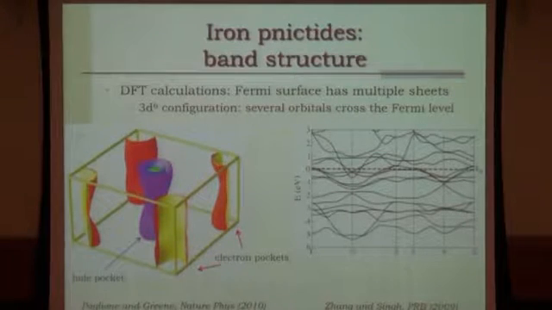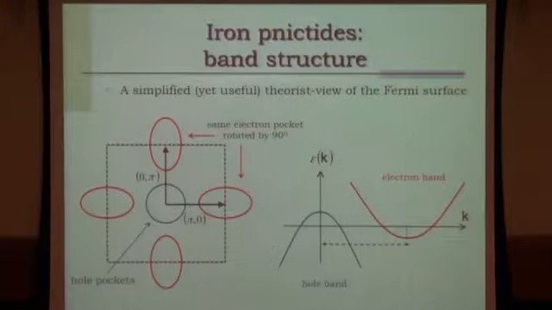Now, we theorists like to simplify things, and one way to understand this band structure is this one here. First of all, we just forget about the symmetries introduced by arsenic. They might be important, as I will argue later, and talk about the one iron pair in itself. Then we have one or more hole pockets in the center of the Brillouin zone.